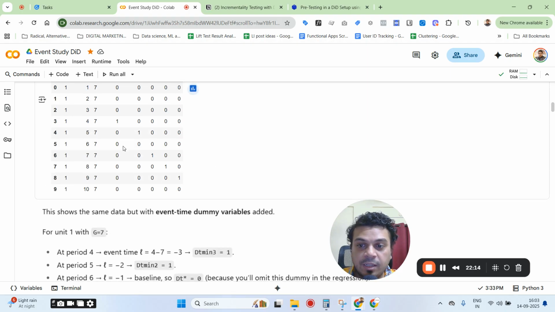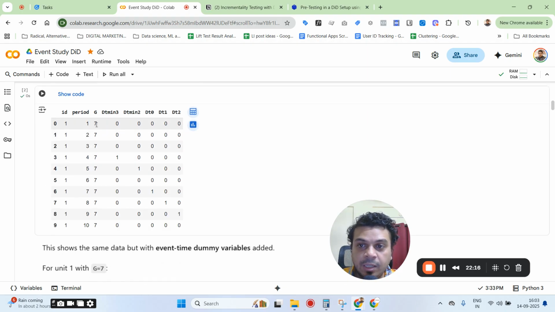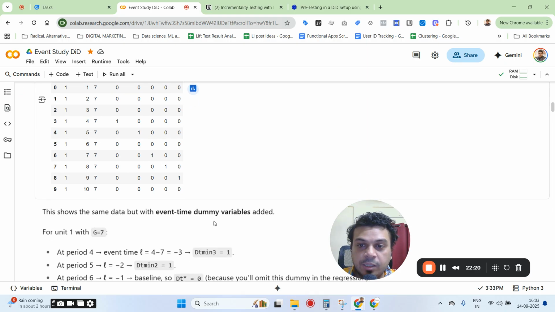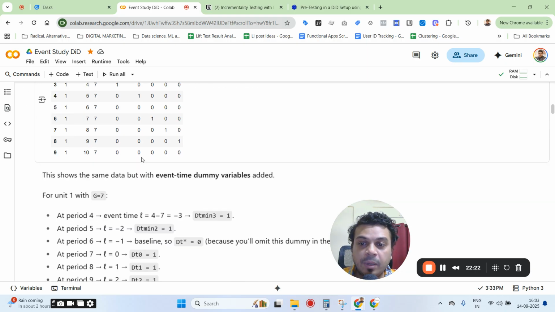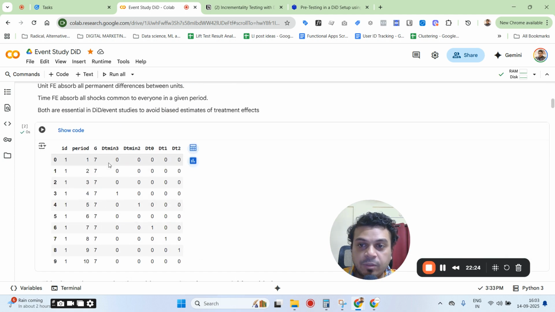By the way, these have been defined: D minus 3, D minus 2, these are leads, and these are the lags essentially. These are the 5 periods which we are really concerned about, periods before and after the treatment. There are 2 periods before the treatment and 3 periods after the treatment, and obviously time t equal to 0 is the period when the treatment has been given.